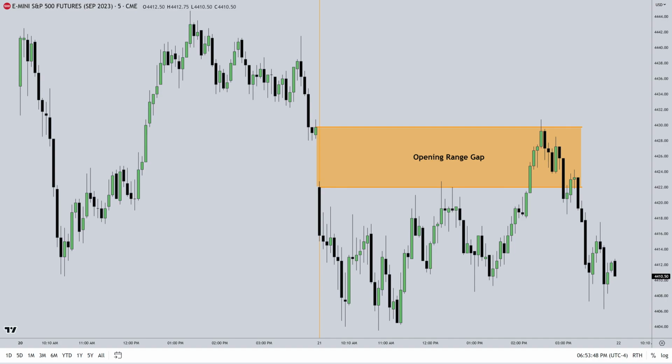Now, the opening range gap. If we run to a pool of liquidity like this, here, wouldn't it make sense, since we're now into a discount and inside of liquidity, below old lows, we're in sell side now. We've already moved a lot from the previous session, here to here.